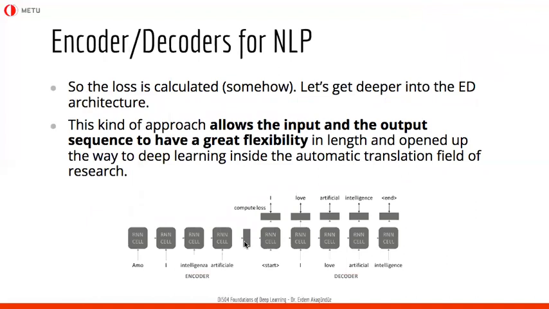However, even this design has become quite primitive these days, because when you try to model the entire sentence as a representation encoded here, which is the last hidden state of the RNN cell, when the sentence becomes too long, you put too much on it that you start to lose the meaning of the first words of the sentence. That's why they have different mechanisms to cope with this problem, which is called attention.